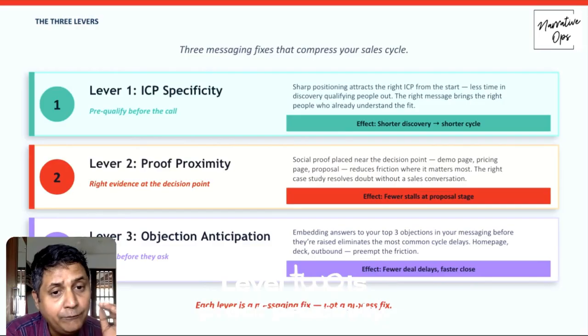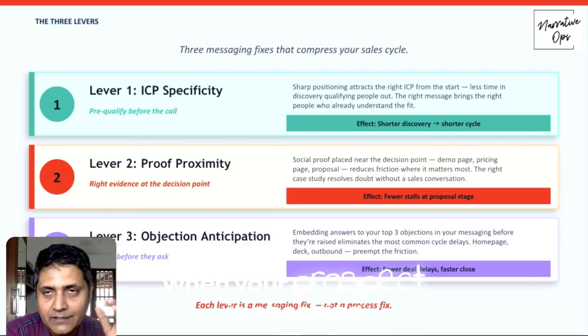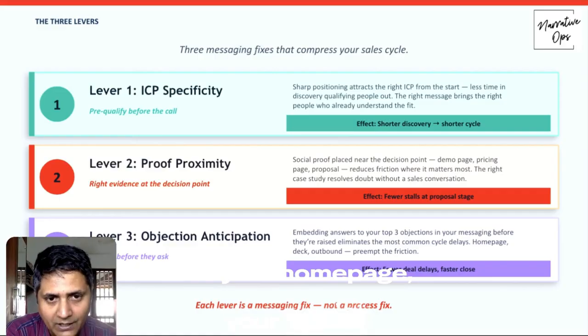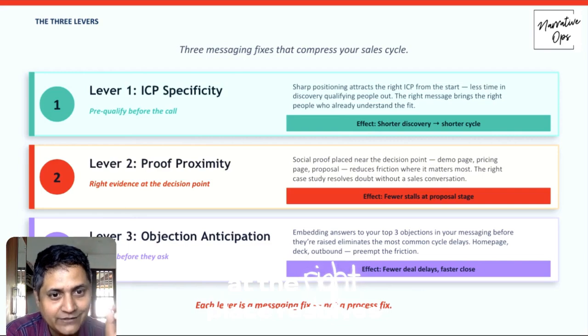Level 2 is proof proximity. That means when your prospect is checking out your homepage, your social proof needs to be placed near the decision point, like a demo page, a pricing page or a proposal. That reduces friction when it matters the most. The right case study at the right place resolves doubt without even a sales conversation.